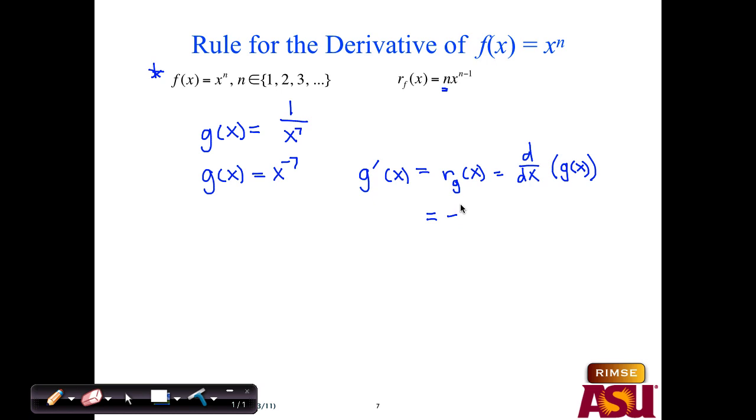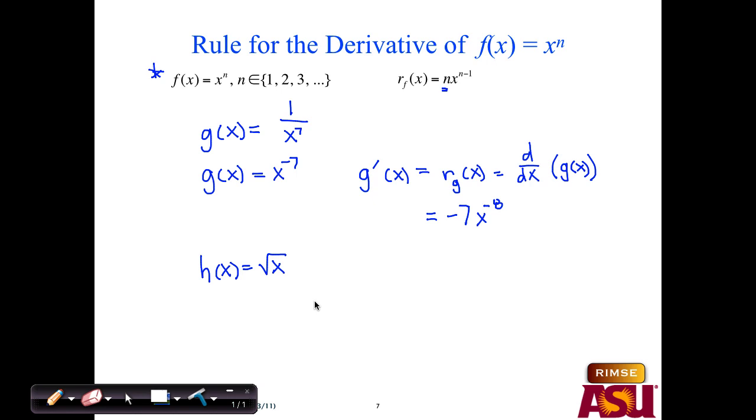There isn't another one to multiply on here. And then what's the new exponent on x going to be? Negative 8. Yeah, be careful with the negatives. We're going to decrease the exponent by 1, so we'll make it more negative. So negative 8th power.